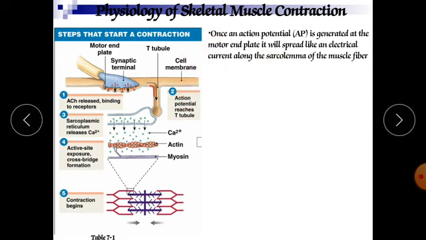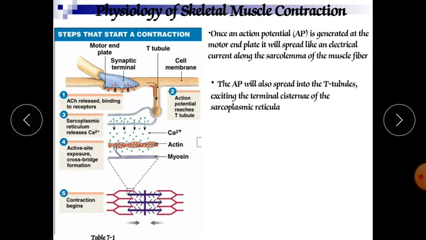Once the action potential is generated at the motor end plate, it will spread like an electrical current along the sarcolemma of the muscle fiber. The action potential will also spread into the T tubules, exciting the terminal cisternae of the sarcoplasmic reticulum.